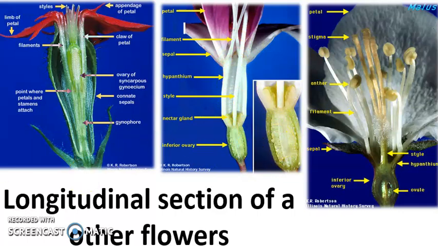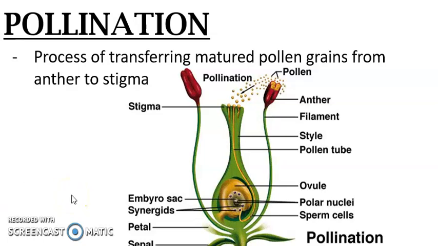Okay, next one we will learn about pollination, pendebungaan ya. So pollination is a process of transferring matched pollen grains from anther to stigma. Jadi pendebungaan ni adalah satu proses untuk menghantar biji benih daripada anther ke stigma, daripada bahagian pembiakan jantan iaitu anther, ke bahagian pembiakan betina iaitu stigma.